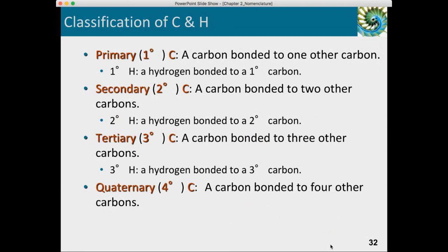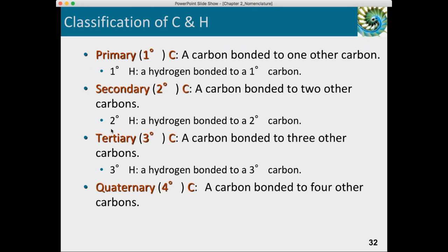As I said before, carbons can also be classified into primary, secondary, tertiary, and quaternary, just based on the number of carbons bonded to the carbon. So a carbon bonded to just one carbon is a primary. A secondary carbon is bonded to 2 carbons.